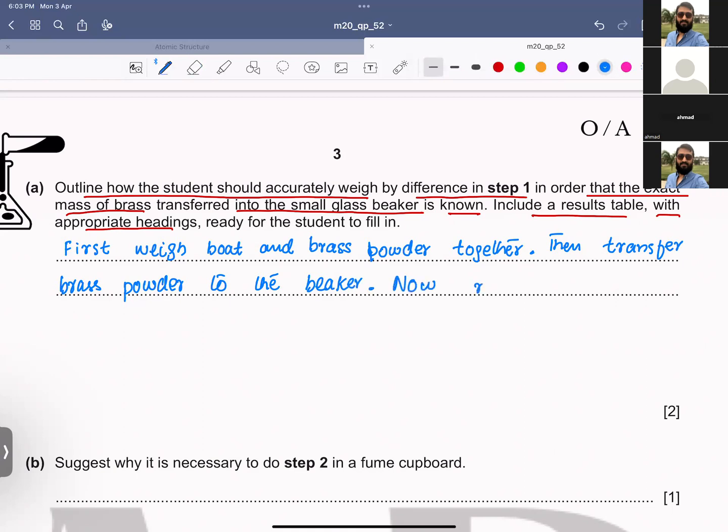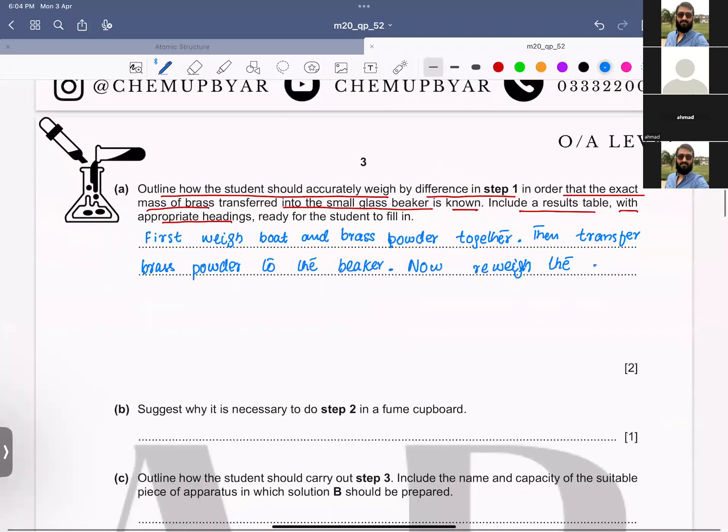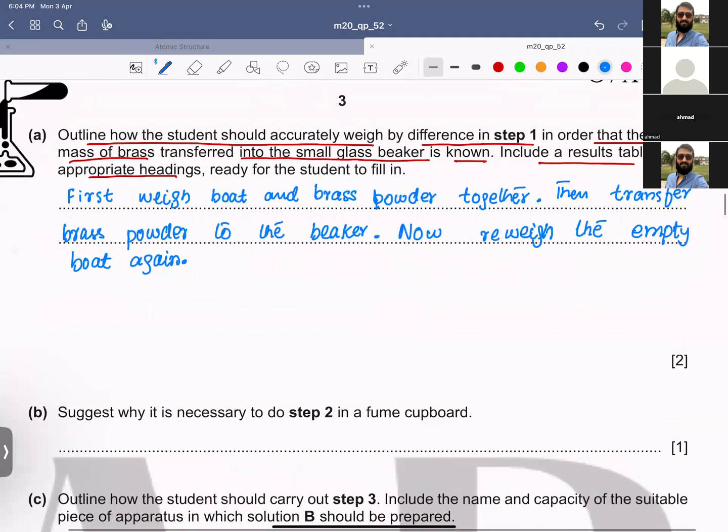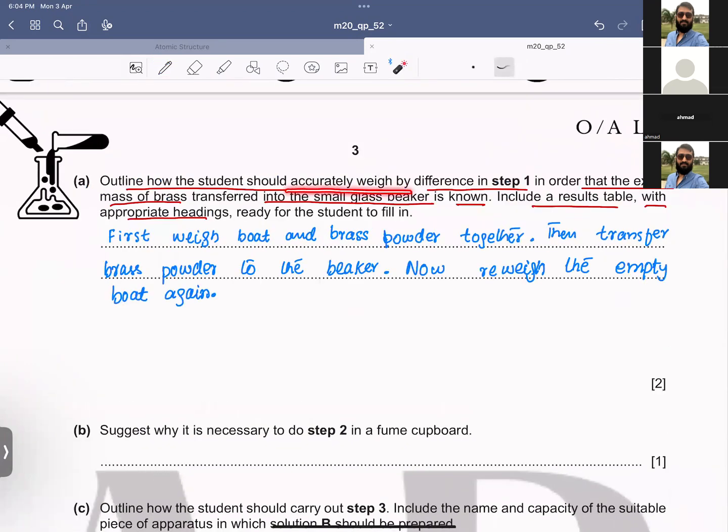Now reweigh the empty boat again. So we would exactly know how much mass of brass is transferred to a beaker, and that's what it says, accurately weigh by difference. So how could we do that?